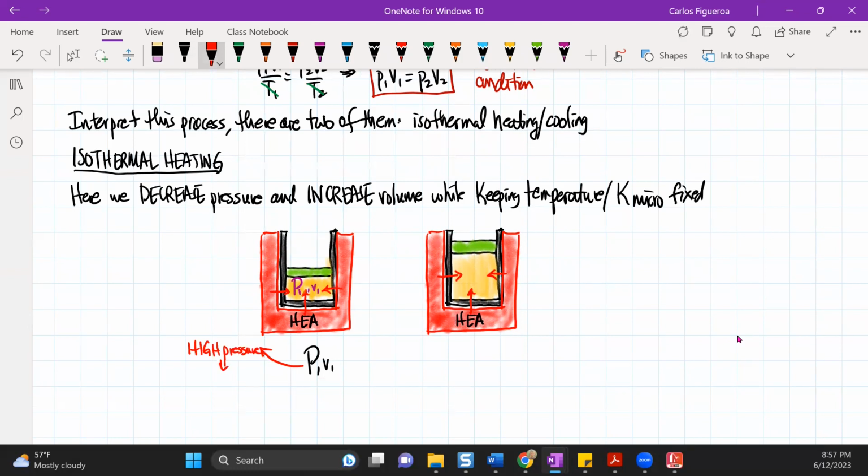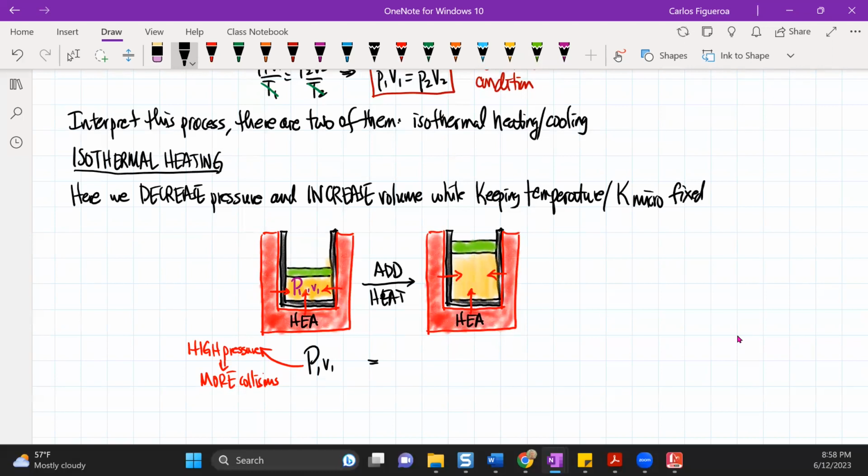that implies that I'm going to have, of course, more collisions. And because I have more collisions, that volume starts to expand. But the fact is that I have to keep the micro kinetic energy constant. So as the gas particles collide with the piston, they decrease in kinetic energy. So that means I have to add heat in order to keep that temperature constant, or K micro.